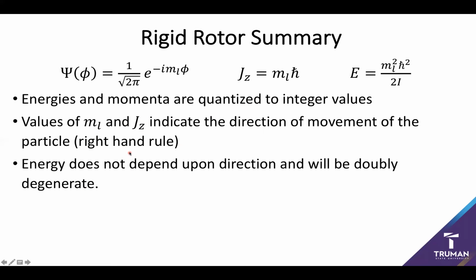Also, want to make note that at least for movement in 2 dimensions, energy does not actually depend on the sign, but the influence of the sign on energy is going to be a double degeneracy of all of our energy levels besides the ground state.